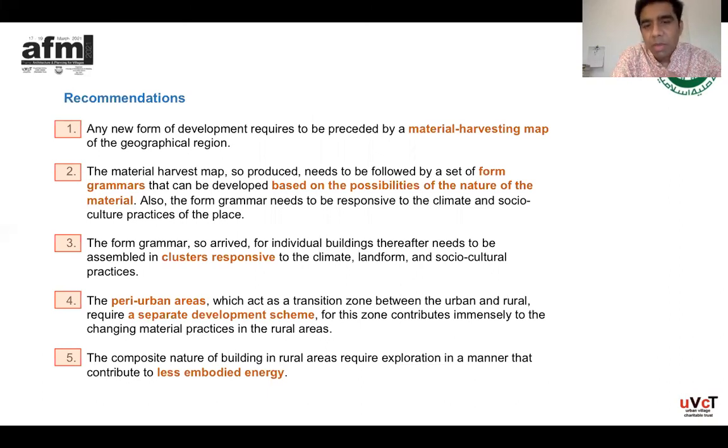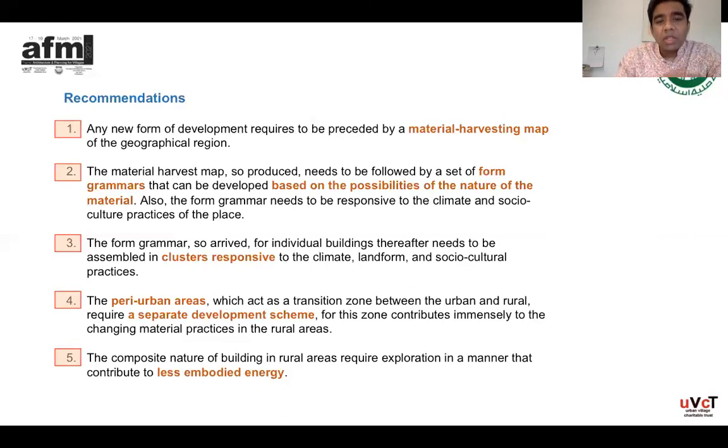For it's this particular zone which is the first interface of the edge of the city for industrially produced materials, which then gradually is transformed to the urban area.